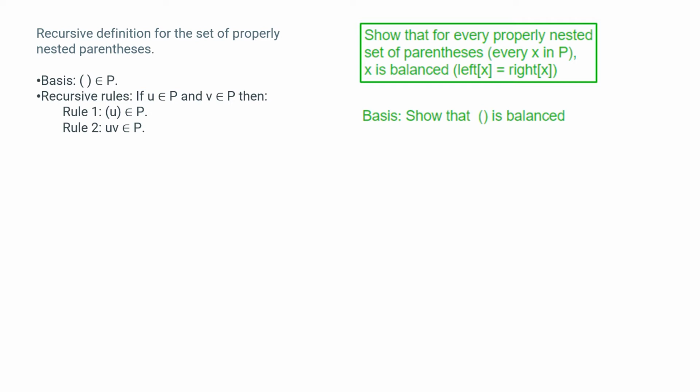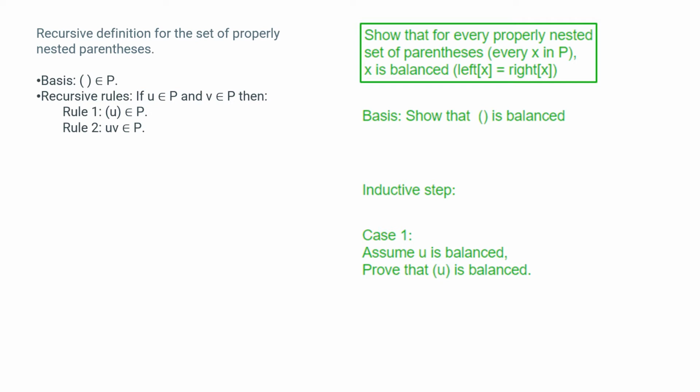So for the first thing, we would need to show that what starts out as the basis over there on the left, which is just that simple set of parentheses, is balanced as part of the base case. Okay, we'll do that here in a minute, but just overall, we'll talk about it and then we'll actually do it. So we would need to do that first.